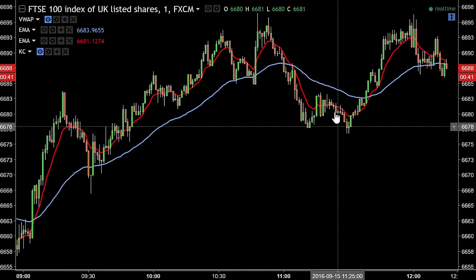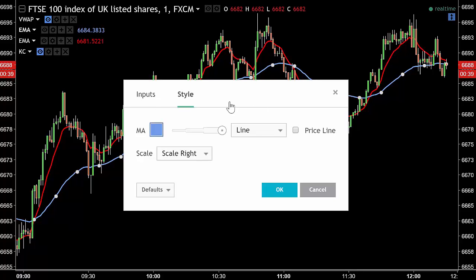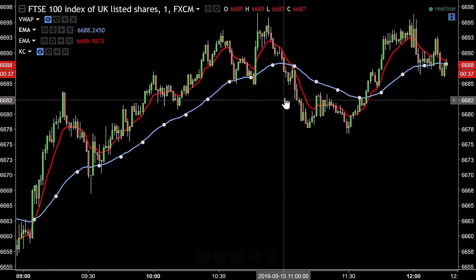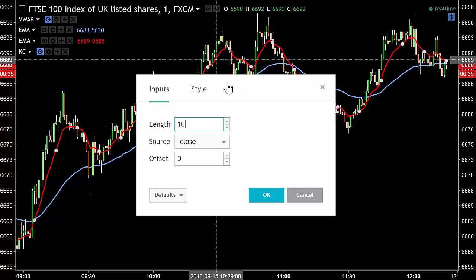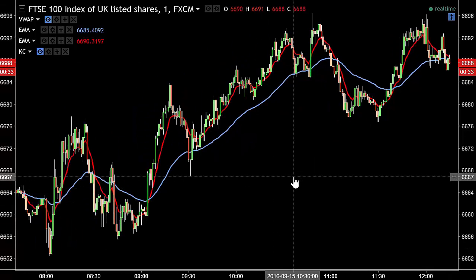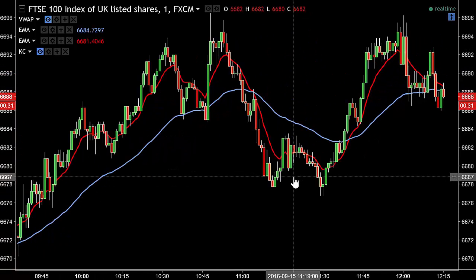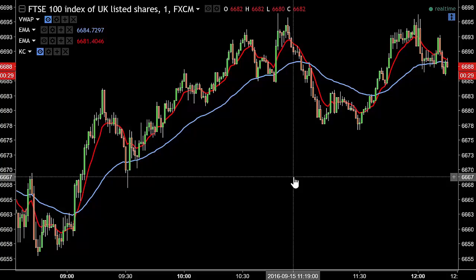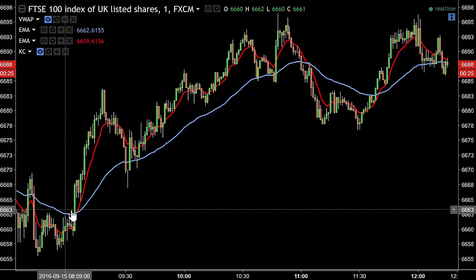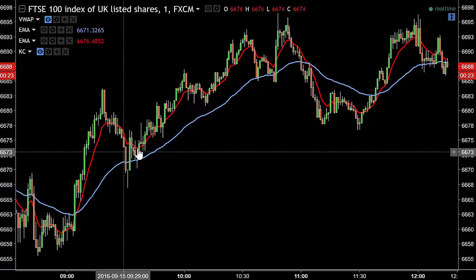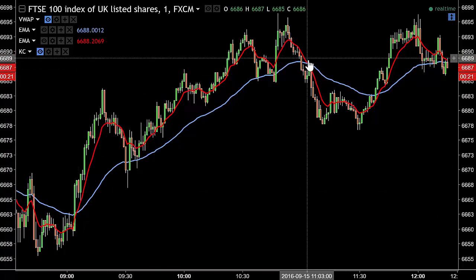They might say, okay, we've got a 50 period moving average here on a 1 minute chart, and a 10 period moving average. I will buy when the small moving average, the 10 period, crosses above the 50 period. So I will buy here, and I will sell when the moving average crosses back below.